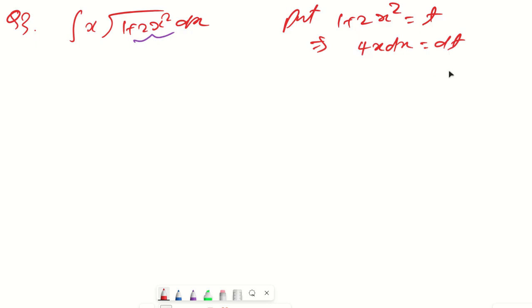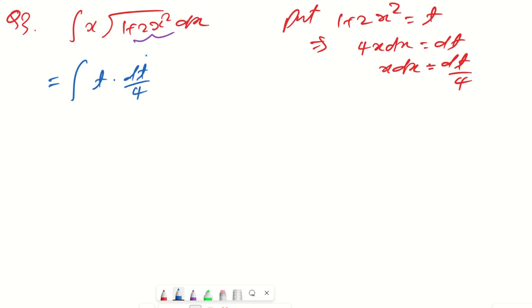It means 4 can go to that side, so x dx is equal to dt by 4. Or by yourself you can understand that in place of x dx you will have to put dt by 4. So can we do that? We get x dx as dt by 4, and 1 plus 2x square is going to be t. So it will be t into dt by 4.